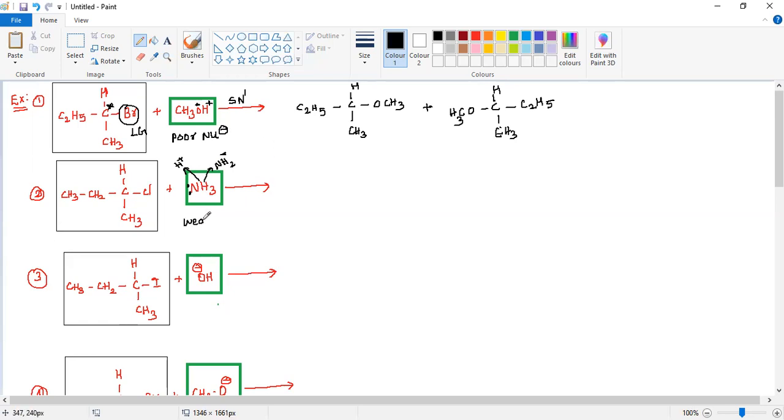It is a weak nucleophile, and it also follows which mechanism? SN1. Don't forget. When it is a poor nucleophile, SN1.